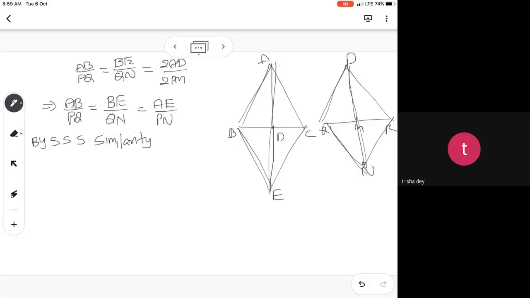Anyone please give the reply. Can you hear me? Yes, sir. Okay. So SSS, three sides. So which two triangles are similar here? Triangle ABE is similar to triangle. Can you answer if you are listening?